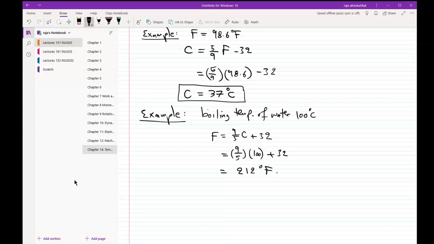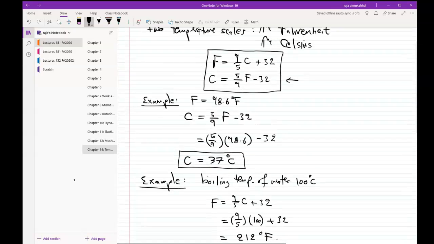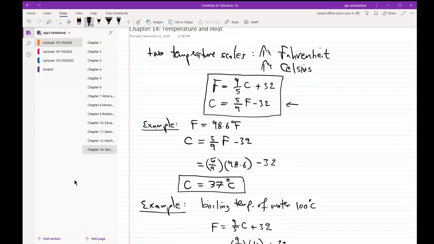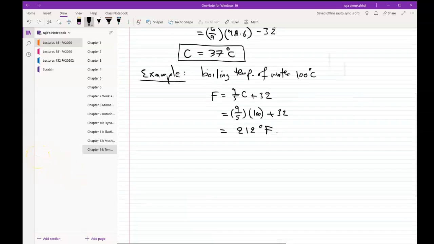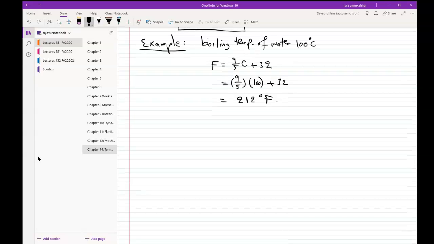You get that? Okay. Another scale that is used heavily in science, beside the Fahrenheit and the Celsius, is the Kelvin temperature scale.